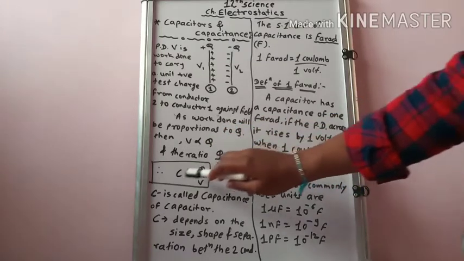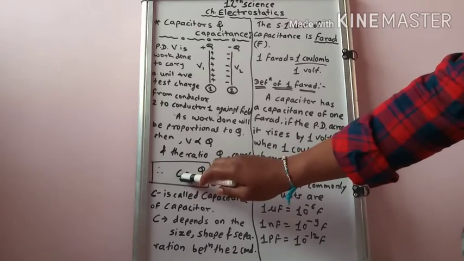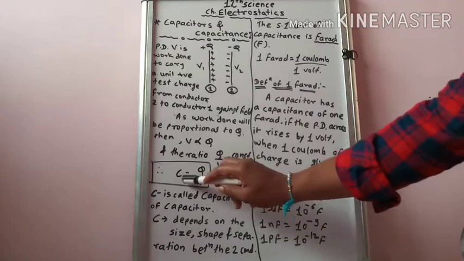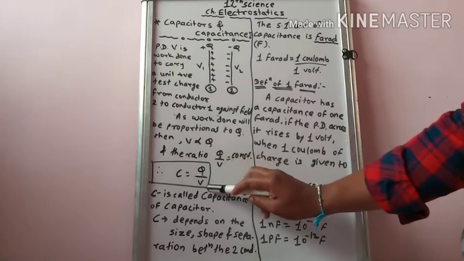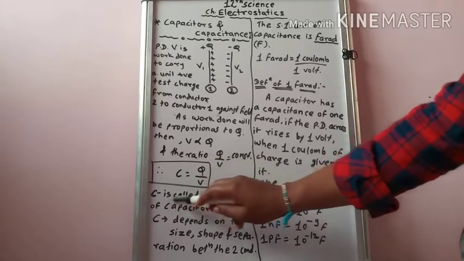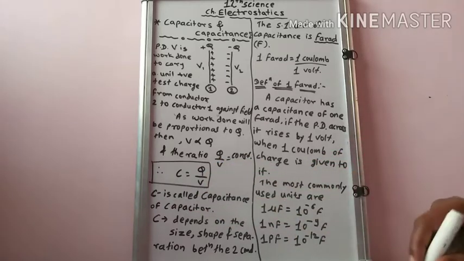This constant is denoted by capital C, which is equal to Q upon V, and this C is called the capacitance of that capacitor.